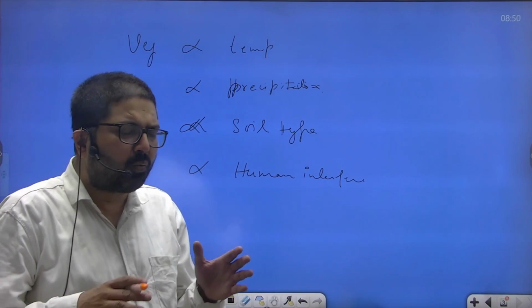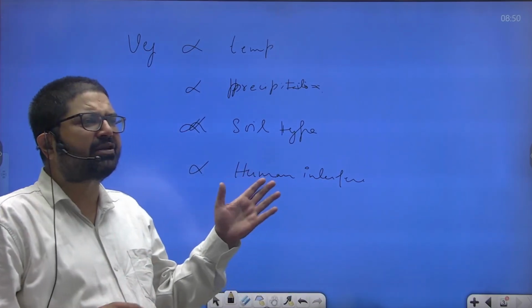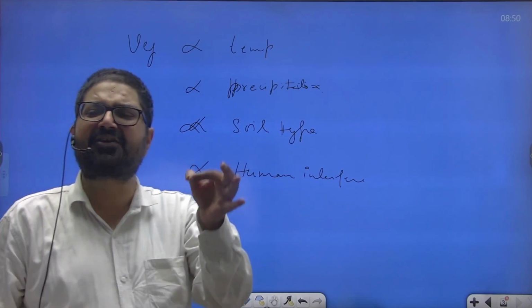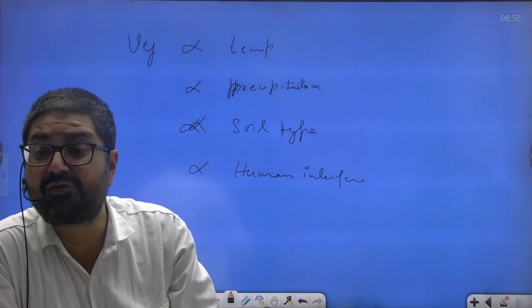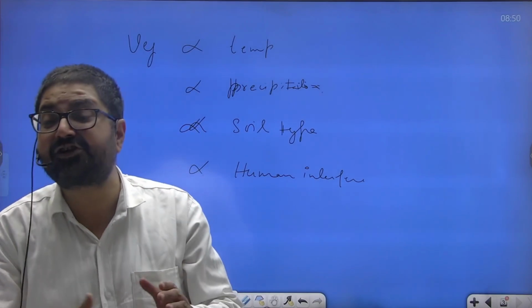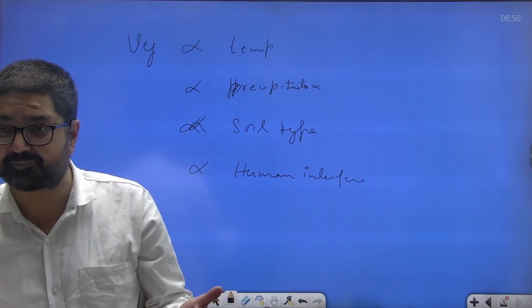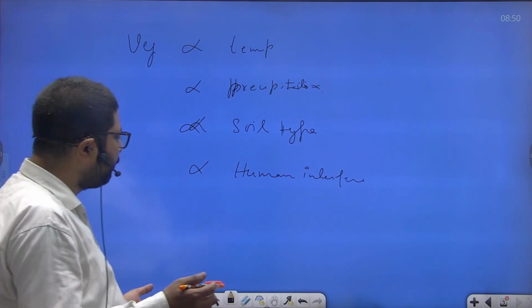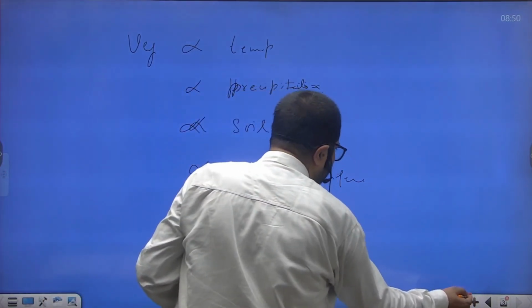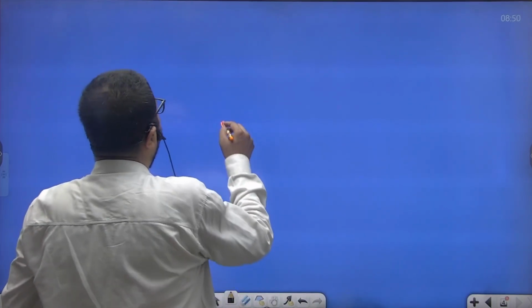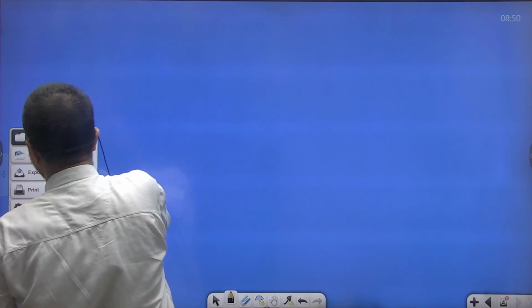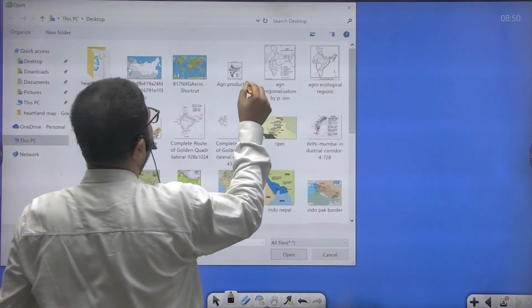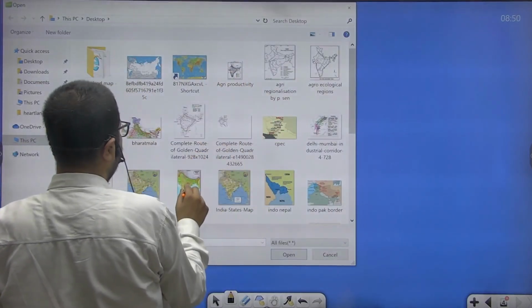Now, in case of India, the question says identify and discuss the factors which are responsible for diversity of natural vegetation in India. See, if you take the case of India, you will find that the Tropic of Cancer passes through the middle of the country.